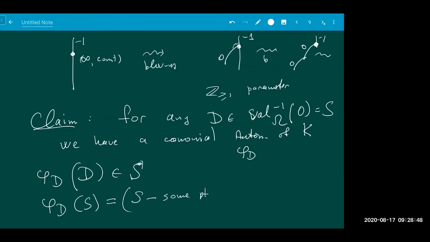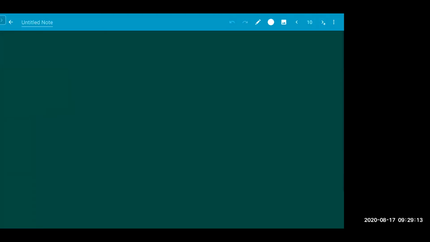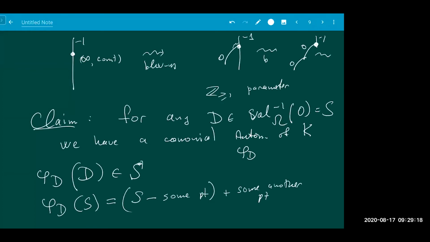The second, phi_D of S, plus some other point. And what really goes on, I have to say, is that phi_D of S_T changes the set S_T only by one point.